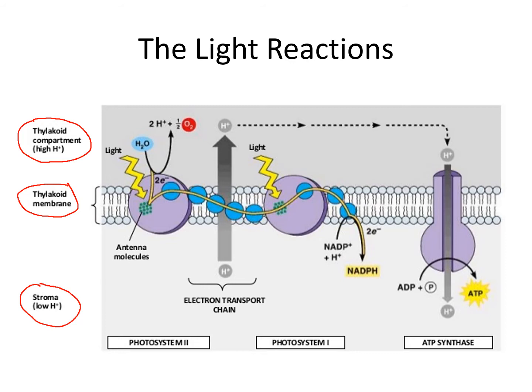So here's how it happens. Light is absorbed by antenna molecules that absorb light at different wavelengths. That light excites electrons. As a result of exciting electrons, we oxidize water and we create oxygen.